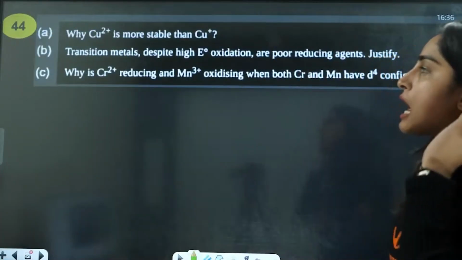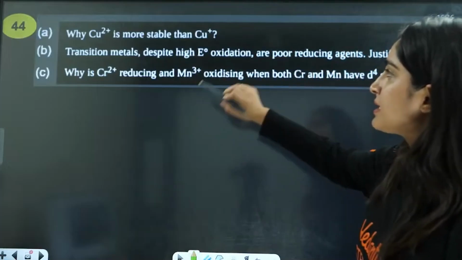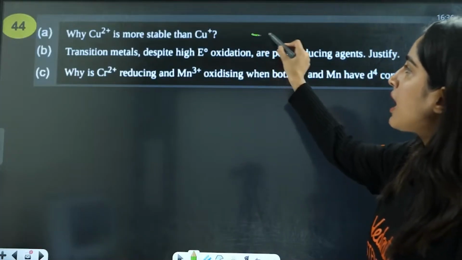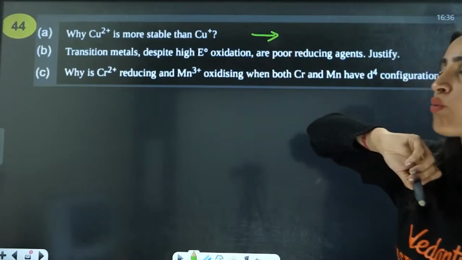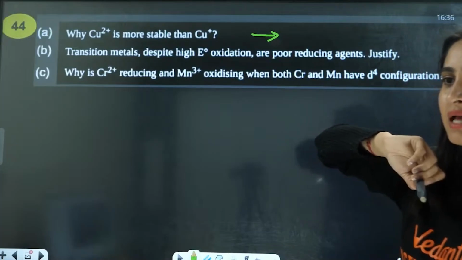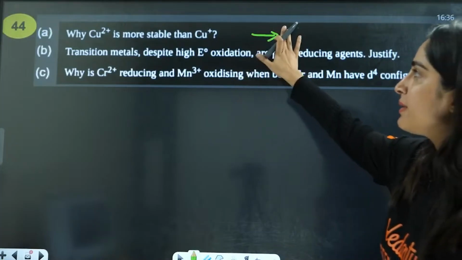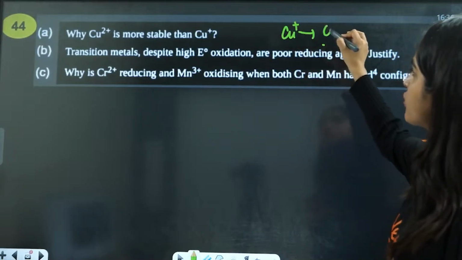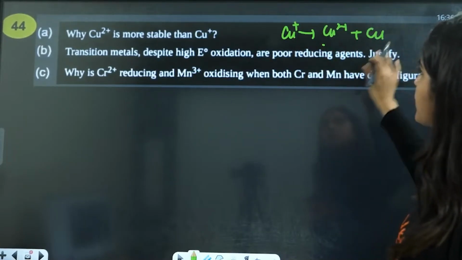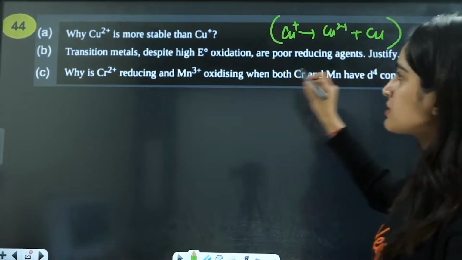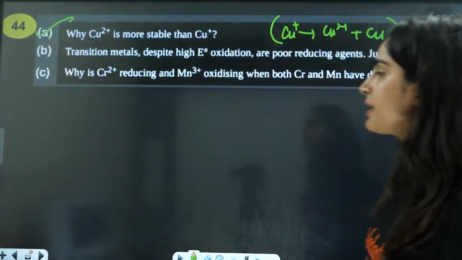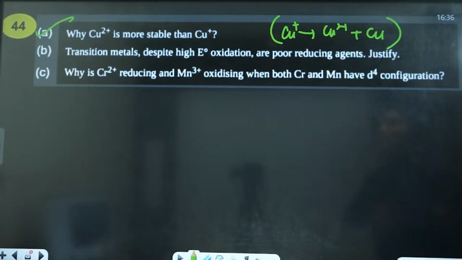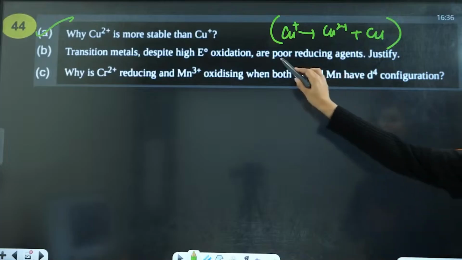Why is Co2+ more stable than Cu+? Because Cu+ easily disproportionates into Cu2+ and Cu. Second, transition metals, despite a high E naught value, are poor reducing agents.